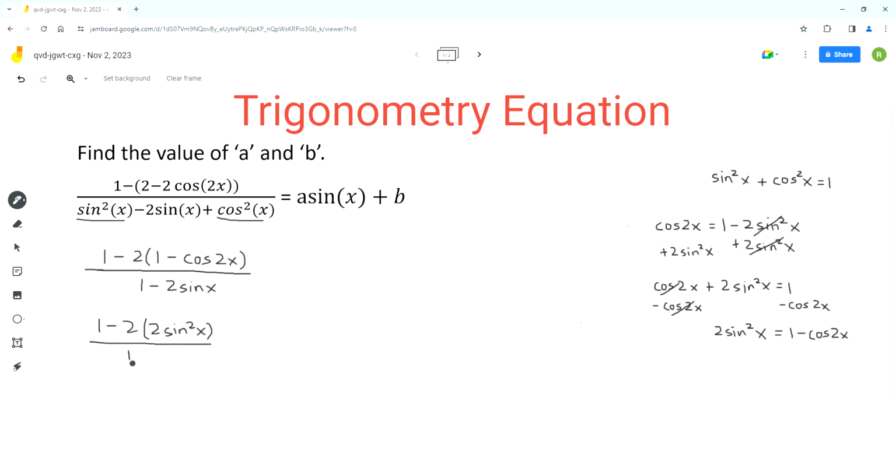We cannot do anything else in the denominator. Now we can simplify the numerator by multiplying the 2 by this 2. So we get 1 minus 4 sine square x over 1 minus 2 sine x.